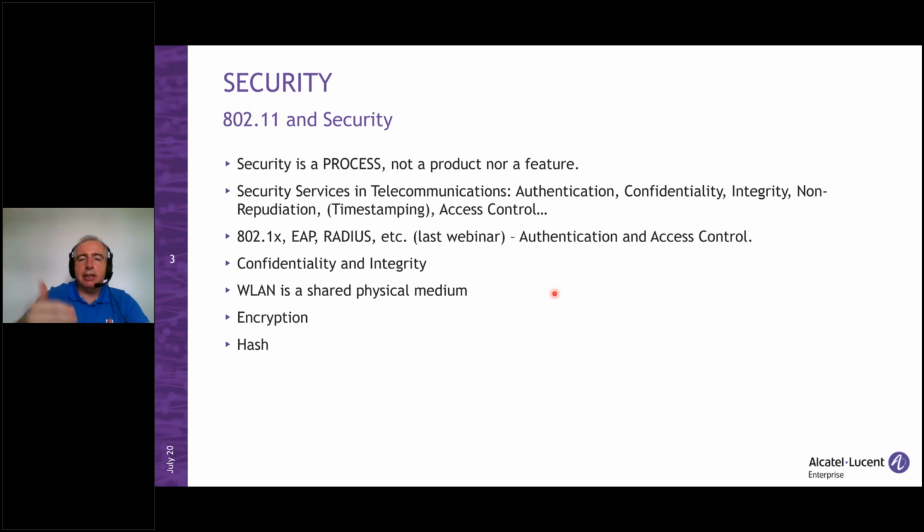So we have to guarantee that the message in its travel from my side to your side has not been modified in the middle. Then we have non-repudiation. Remember, non-repudiation is the ability to warrant that I already sent this to you today or yesterday or whenever.